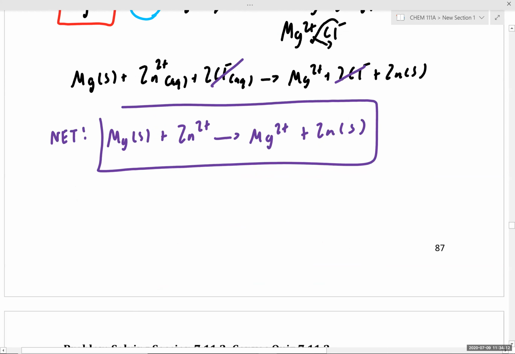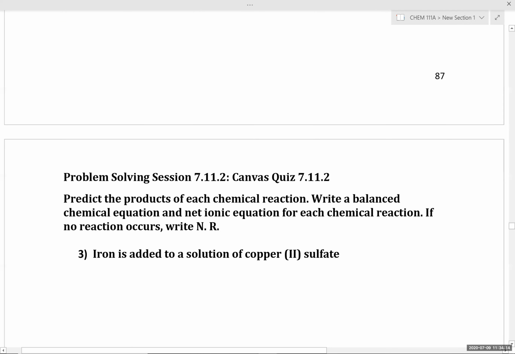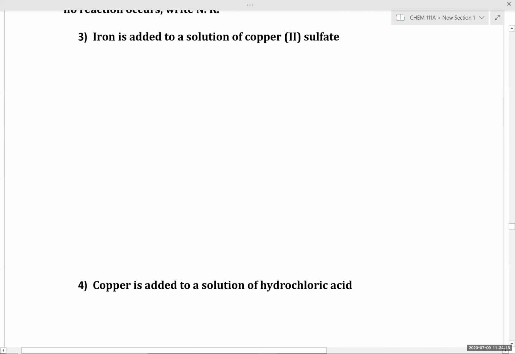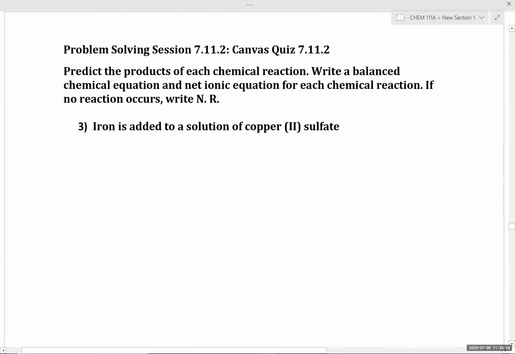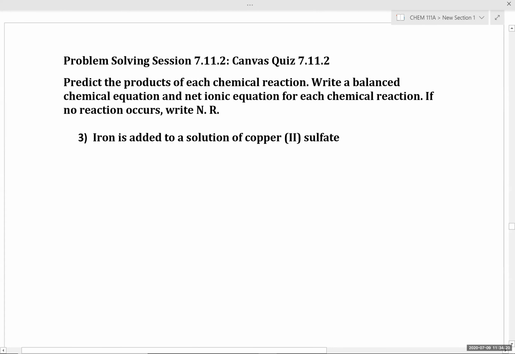Okay, so let's look at the following two reactions. Given the word equations, I'd like you to predict the products of each reaction and write a balanced chemical and net ionic equation.